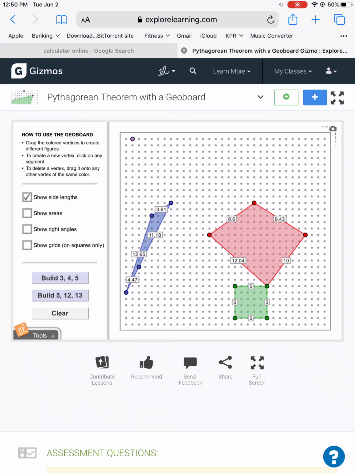Okay. Oh my goodness, this is not going the way I want it to go. Clear it. Try one more time.